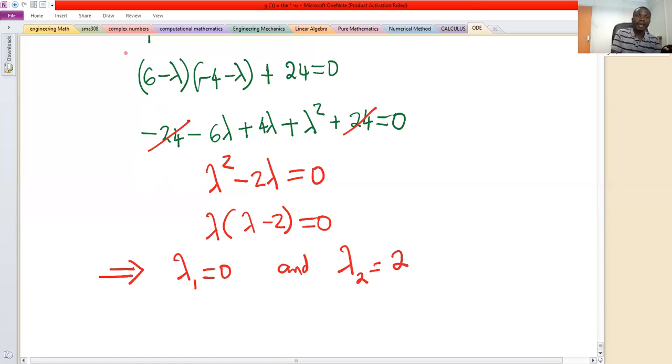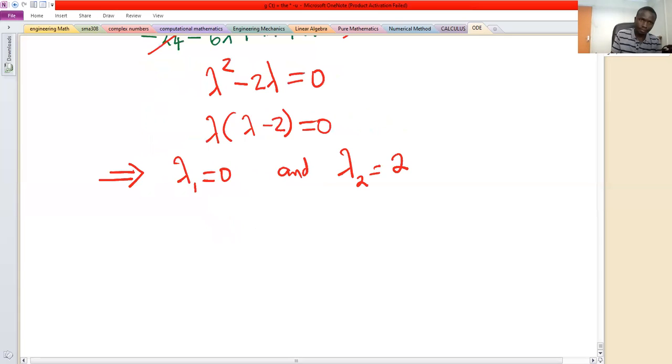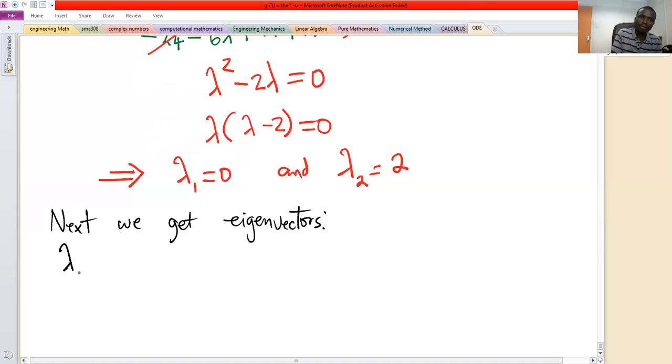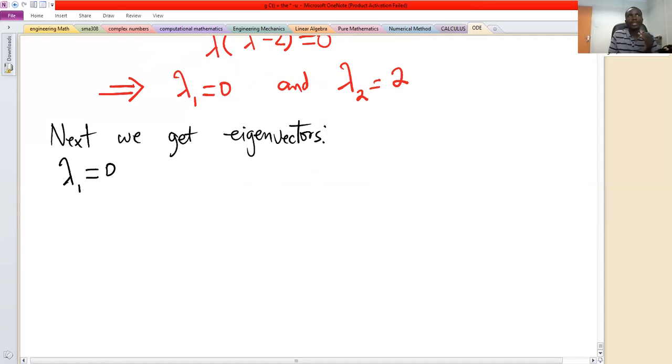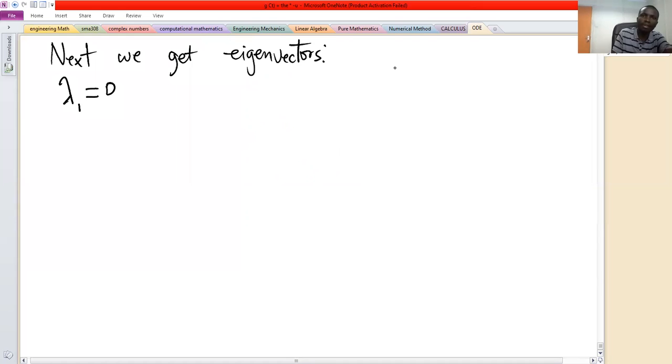So after getting the eigenvalues, next you get the eigenvectors. Let's start with the first one, lambda equals 0. Because we are dealing with a 2 by 2 matrix, our eigenvectors will have this form, x1, x2, in 2 dimensions.